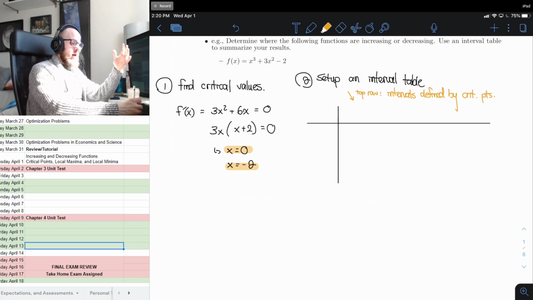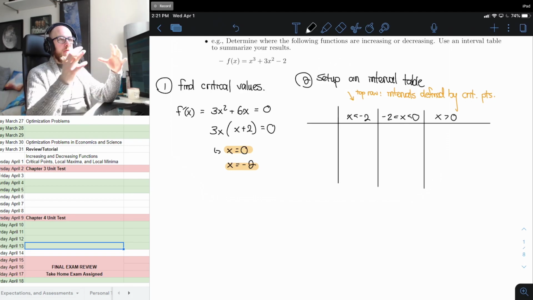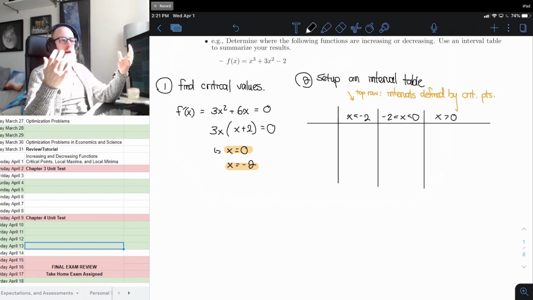So essentially the intervals that I create are x is less than -2, then x is between -2 and 0, so -2 is less than x is less than 0, and then anything bigger than 0. Okay, so I essentially split up the real number line based on where my critical points are.